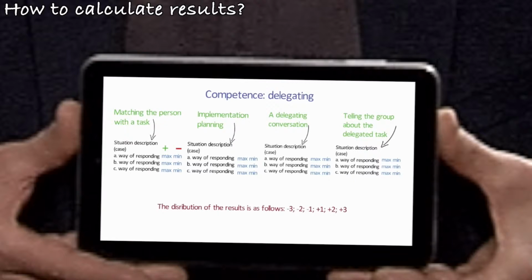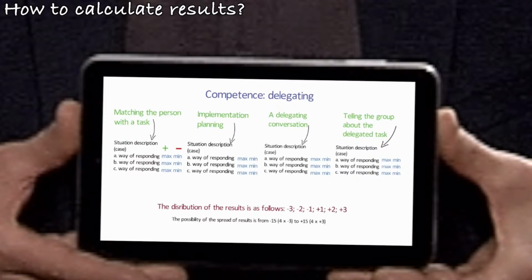In our case, we analyze the delegating competence, which is described by 4 aspects, meaning 4 cases. The possible spread of the results is -15, 4 times -3, to +15, 4 times +3. Let's say that the results from particular cases were as follows.